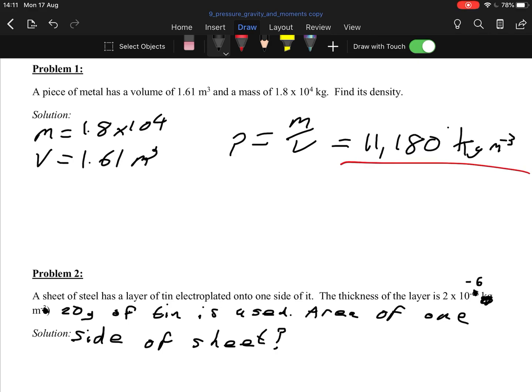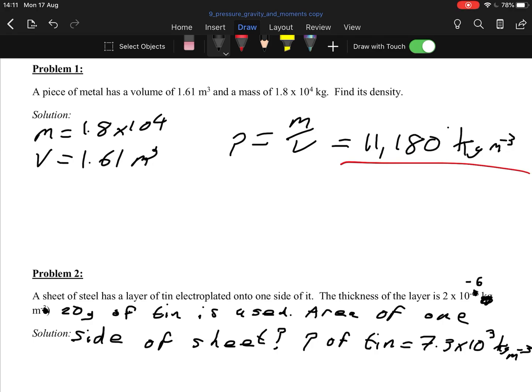So the density of tin, so rho of tin is 7.3 by 10 to the 3. Okay, so what we have here is we have a sheet of steel and a layer of tin is electroplated to one side.